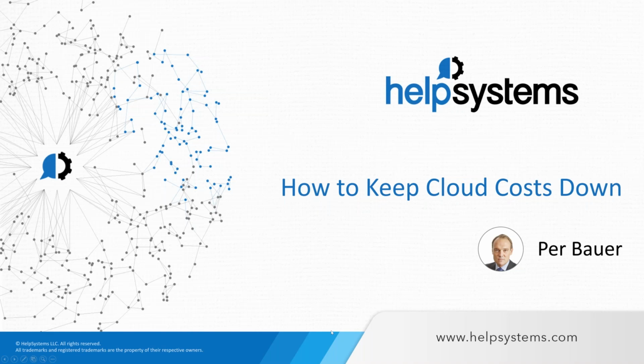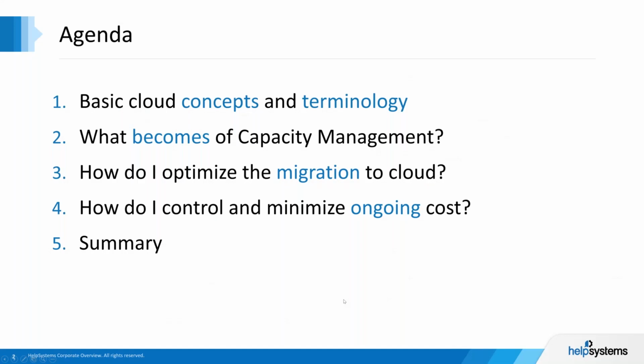So today's webinar is going to be about these 5 aspects really of cloud computing. First we'll go through some basic concepts and terminology in the cloud space so we're all on the same page briefly.